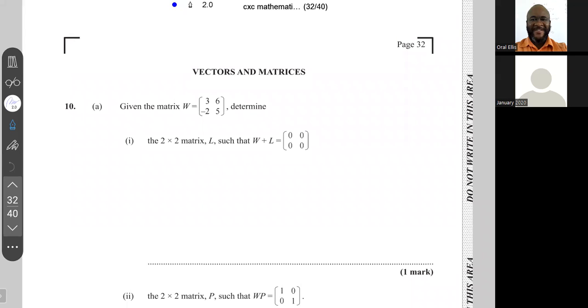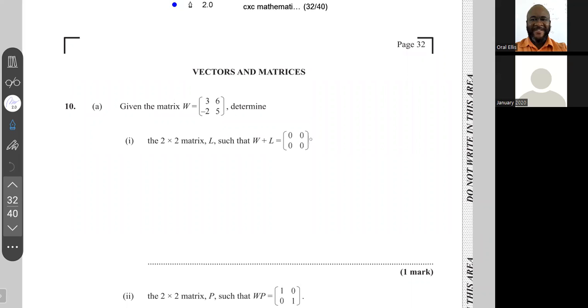January 2021, question number 10. Given the matrix W equal to 3, 6, minus 2, 5, we're to determine the 2 by 2 matrix L such that W plus L is equal to 0, 0, the 0 matrix.